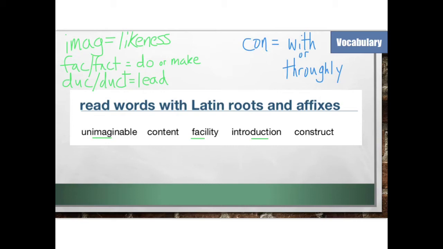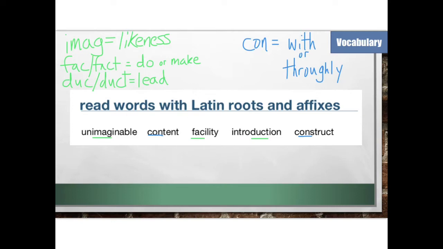Facility, if we are to do or make something, well, a facility is usually a building where they make something or do something. An introduction, well, for introducing something, the duction is to lead, so it's bringing us into the leading part of something. Okay. Then we see content or construct.